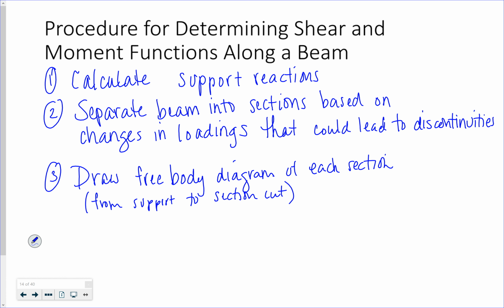Or you could draw the individual section. You just have to know what's on the other side. You can only have unknowns on one side of your section.